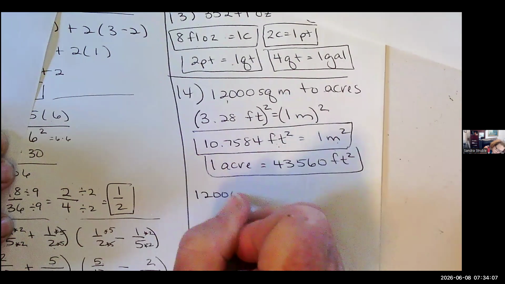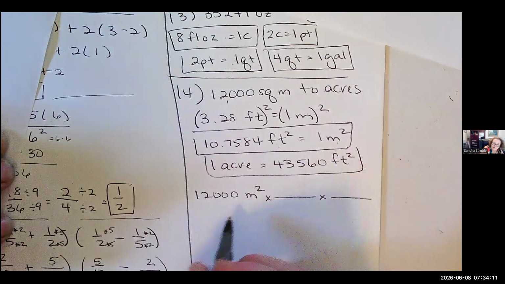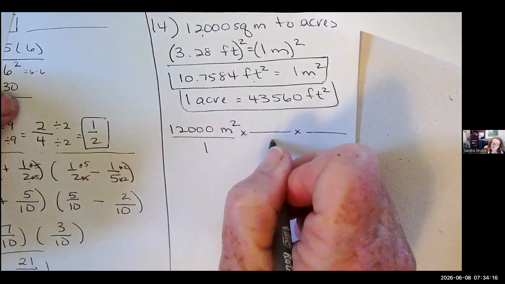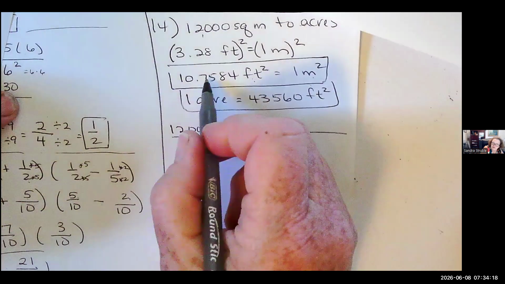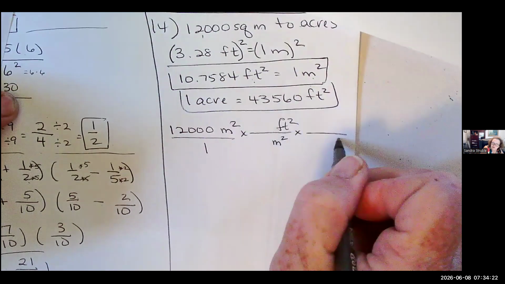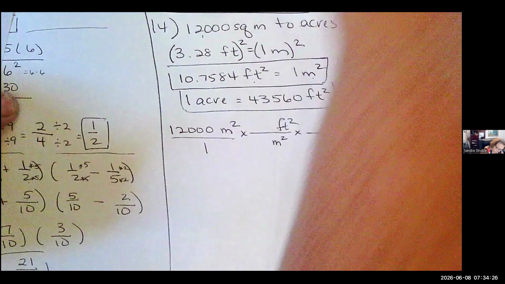I need 2 conversions. Remember, this is over 1. So we want meters squared on the bottom, and I can get to feet squared. And then I need to get rid of feet squared and go to acres. I should have gone off the long version here. That's okay. We'll just plug in the numbers.